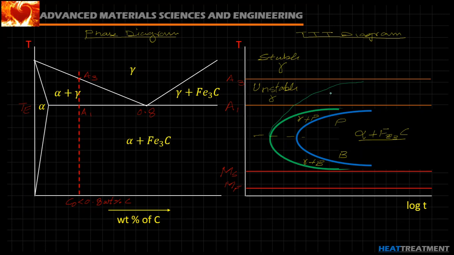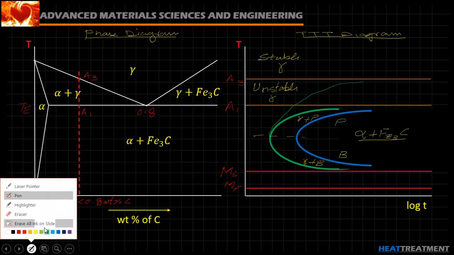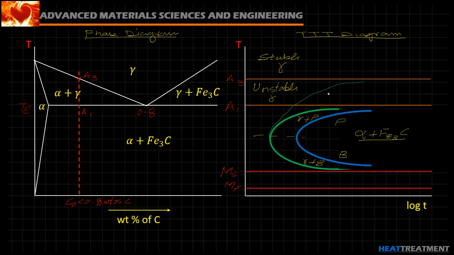In between we have the gamma plus alpha, and the proeutectoid alpha will continue here also alpha, and finally we will have this pearlite plus alpha.